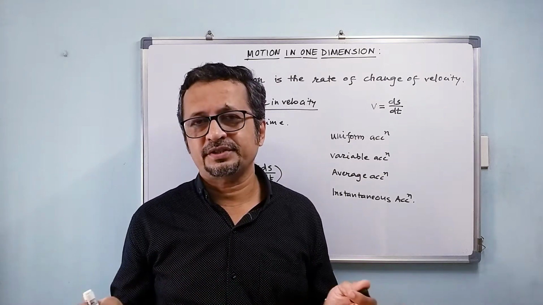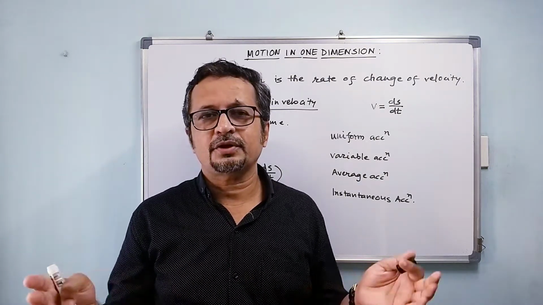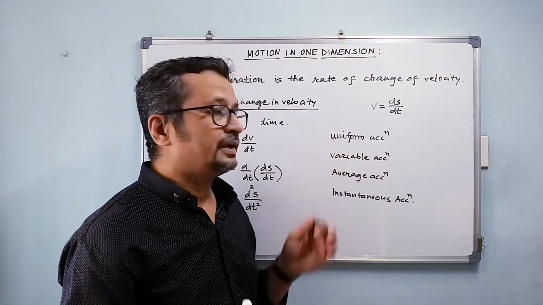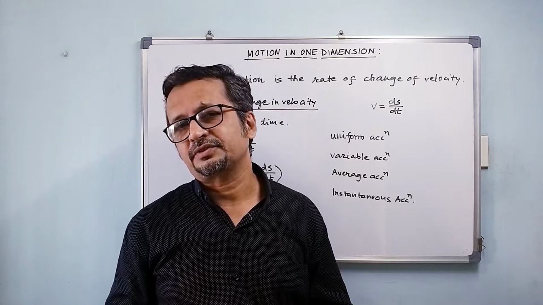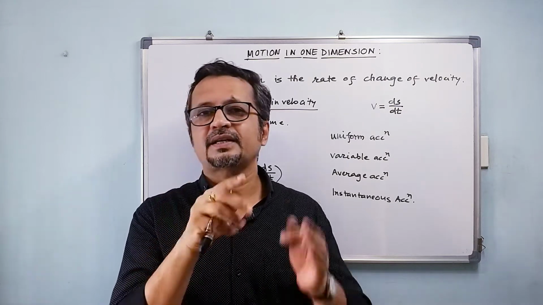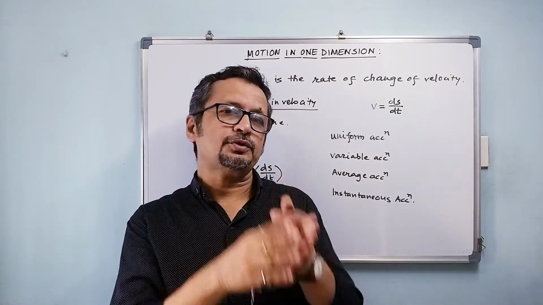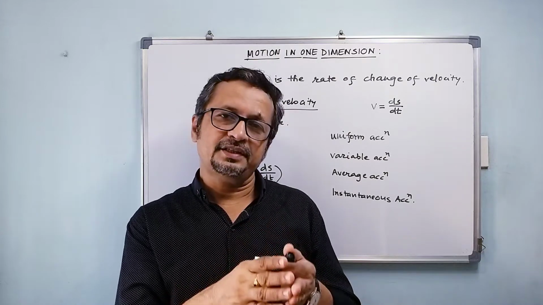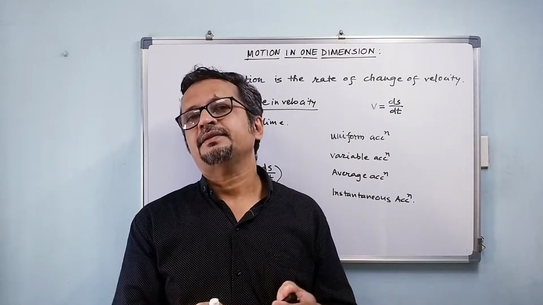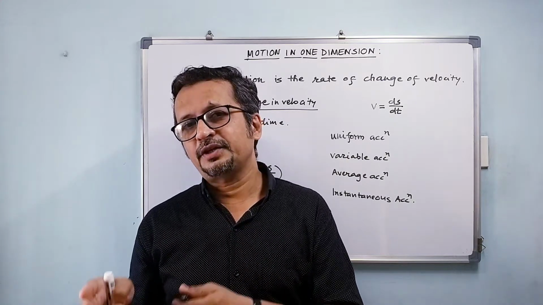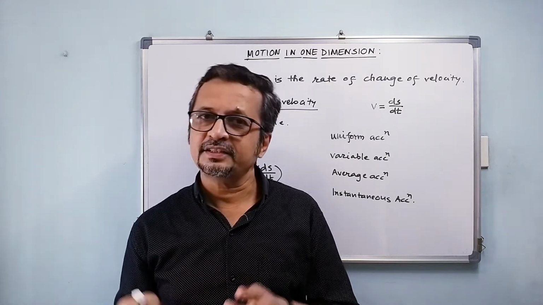Now average acceleration. The velocity of the body is changing, and it is not uniform, it is variable, but then I should know what the average acceleration is. So for that, I note my velocity at t equal to t1, let us say v1, and then at t equal to t2, I note the velocity again, and that is v2.